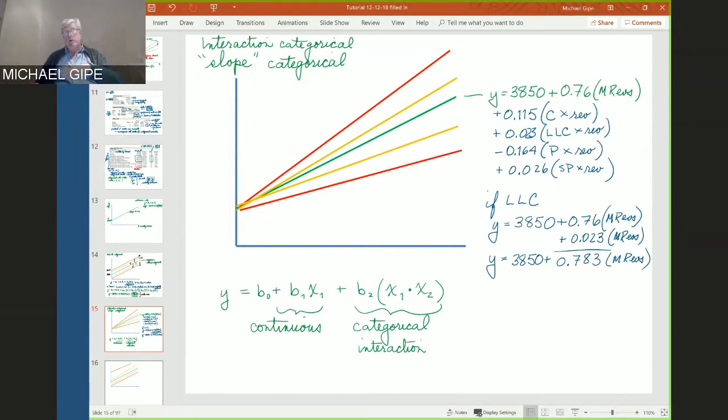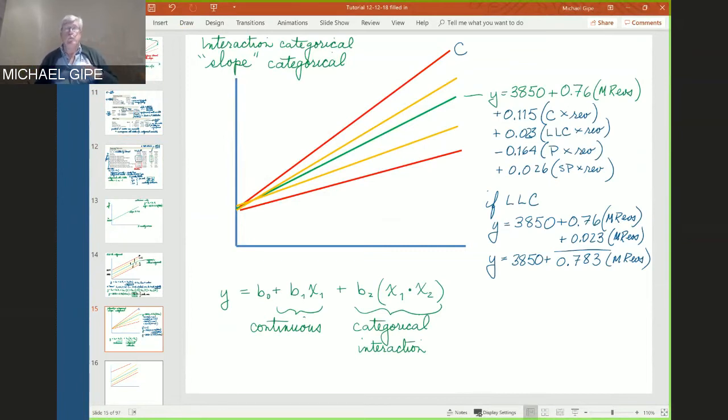So our regression line now rotates up or down depending upon which way we're going. In this particular case, I haven't drawn the picture quite right, but let's say this top red line might be the slope of our regression if we had a C corp.